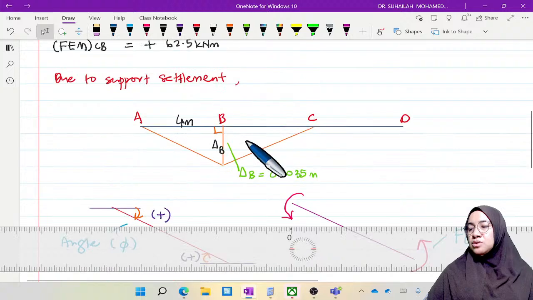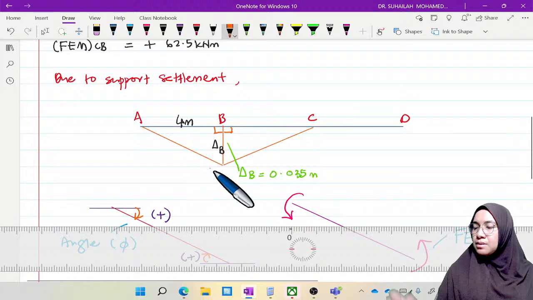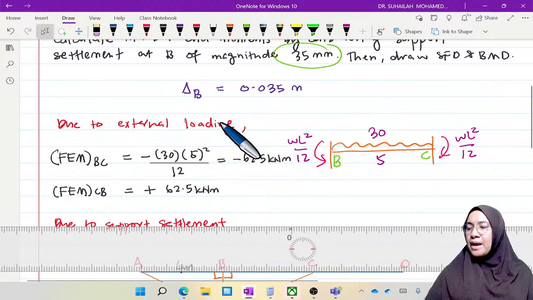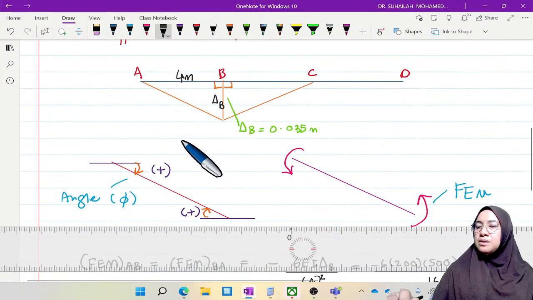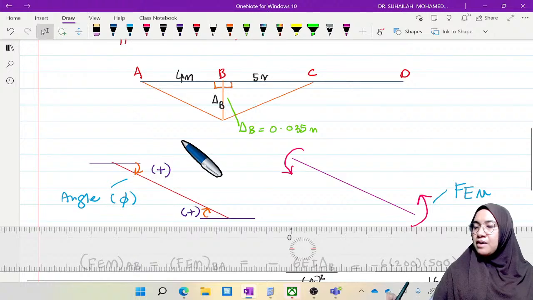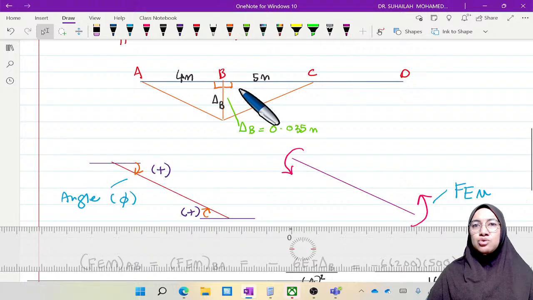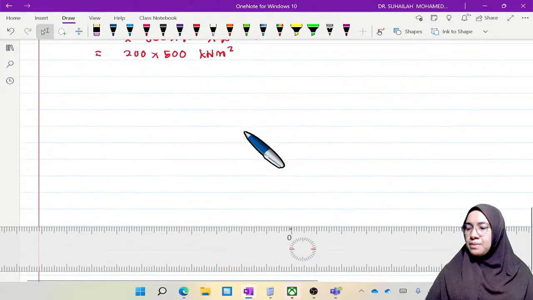So when we move to BC, again BC is perpendicular like this. The length of member BC is 5 meter, and don't forget BC is 2 EI.